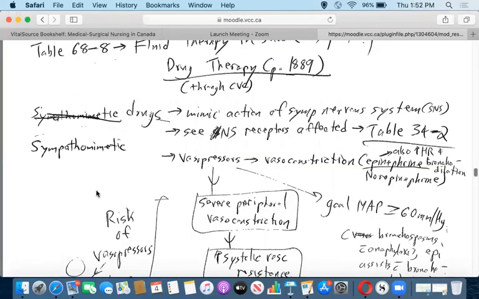So on MAP 7, you've got these vasopressors being used, mimicking the sympathetic response, and they cause this vasoconstriction. You may need this in the case of someone who is in shock and they have that systemic vasodilation.